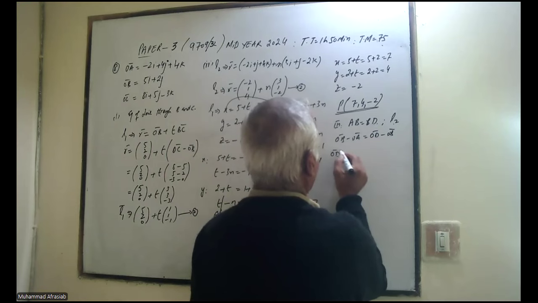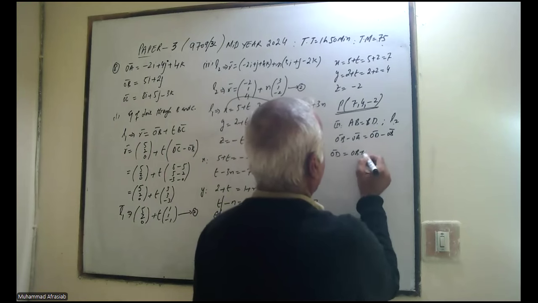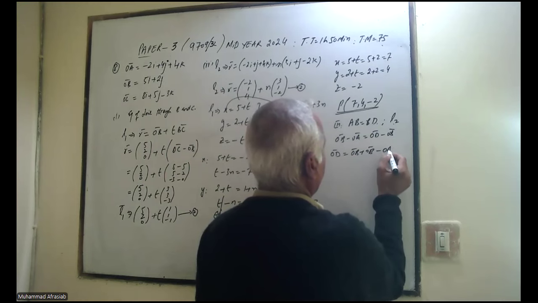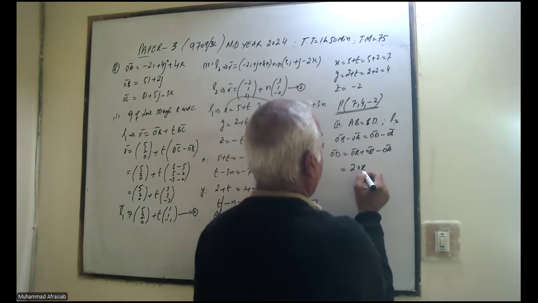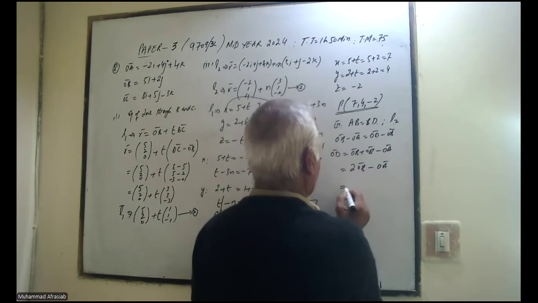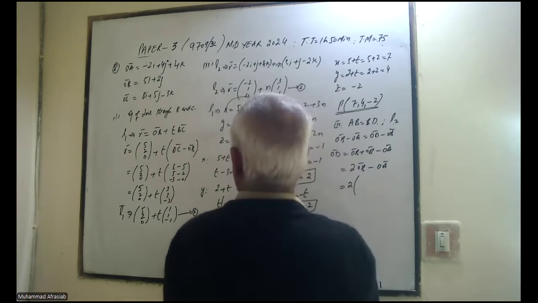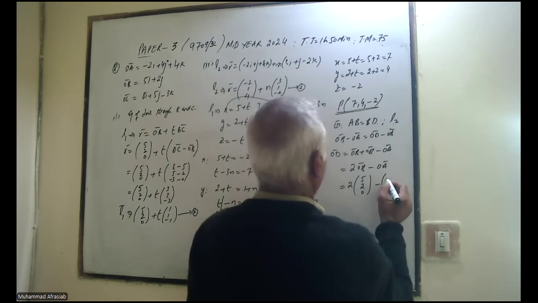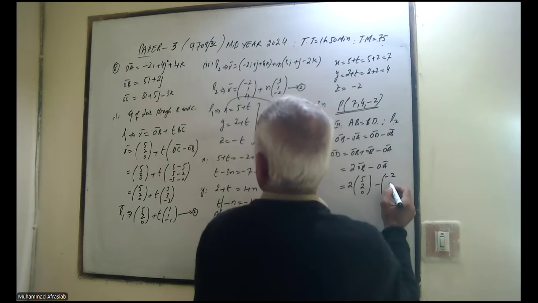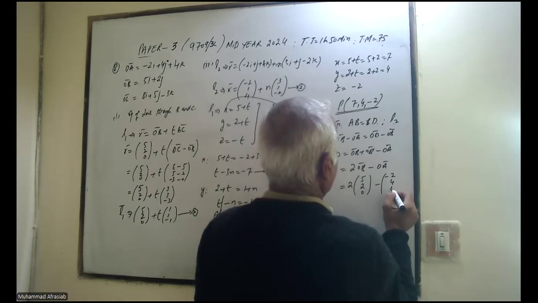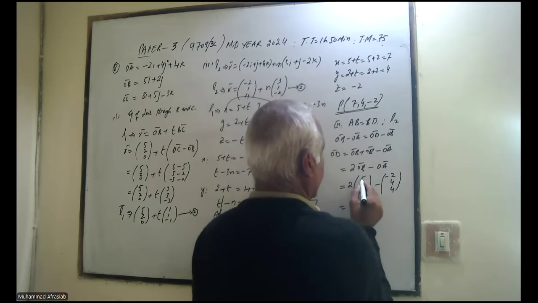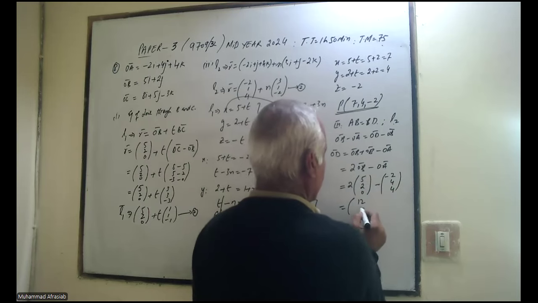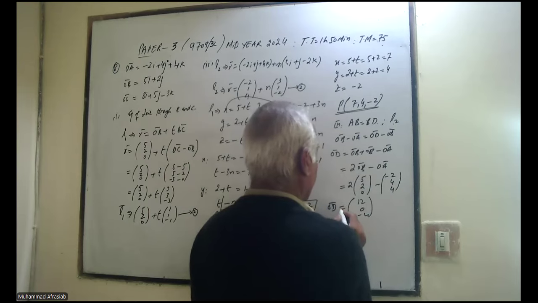So OD is equal to OB plus OB minus OA. OB is twice of OB minus OA. So 2 times OB is already given to you, 5, 2, 0, minus OA, which is minus 2, 4 and 4. So this will become 5 2s are 10 plus 2, 12, 4 minus 4, 0, 0 minus 4 is minus 4. So that is the position vector of D there.